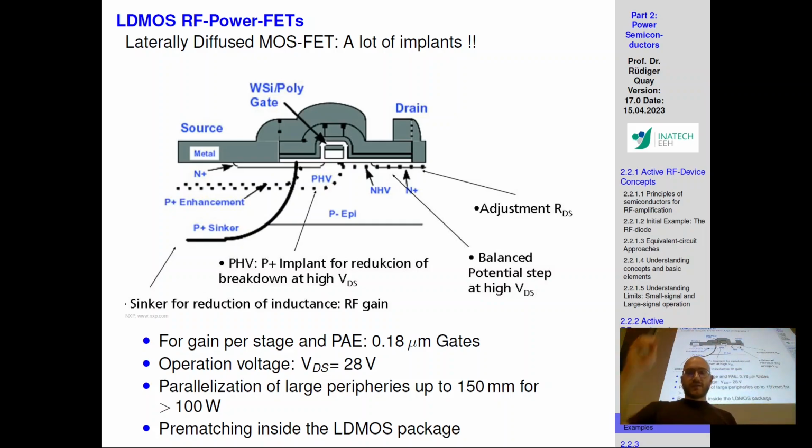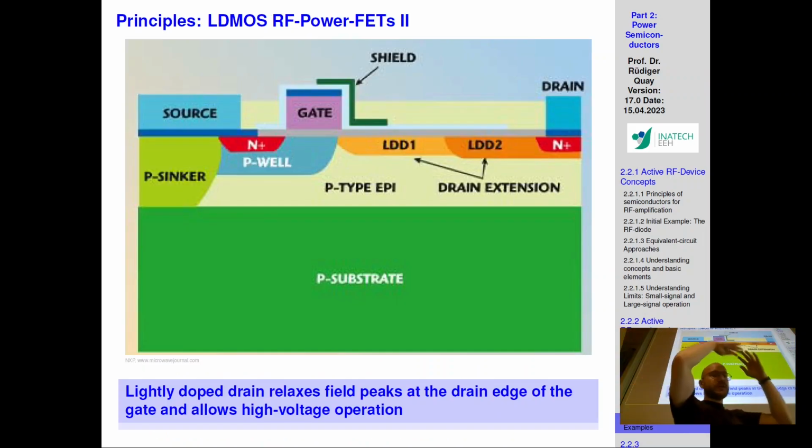We saw that on top of it there is shielding, and these added layers of doping, the LDD1 and LDD2, allow you to homogenize the electric field underneath the gate-drain contact. The shield also gives you more control over your channel while a high voltage is applied.